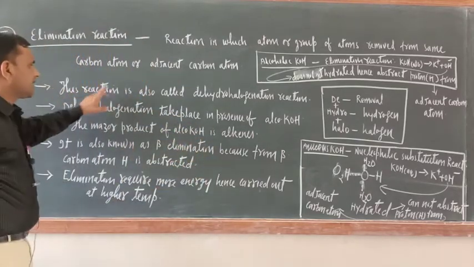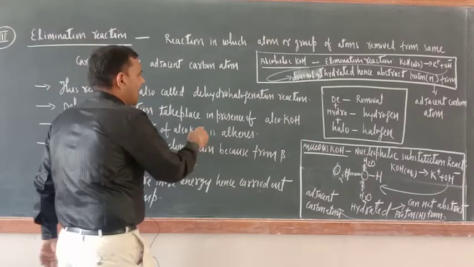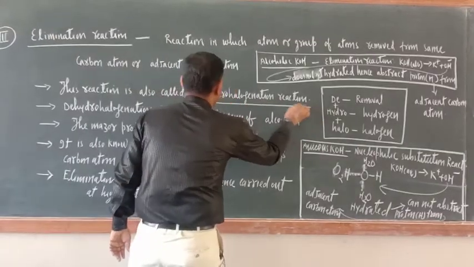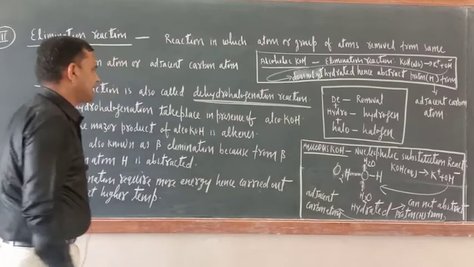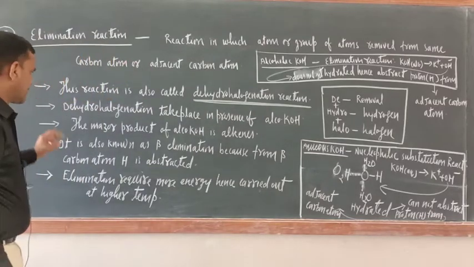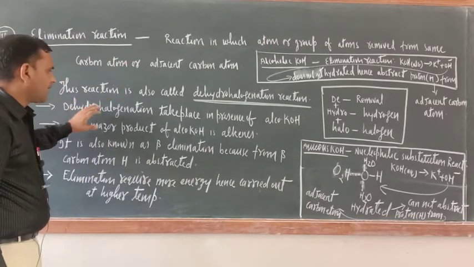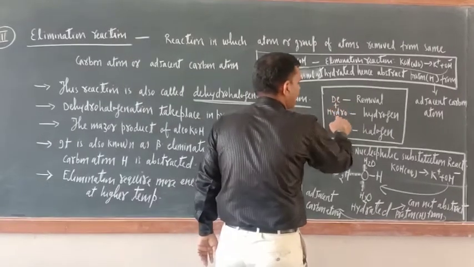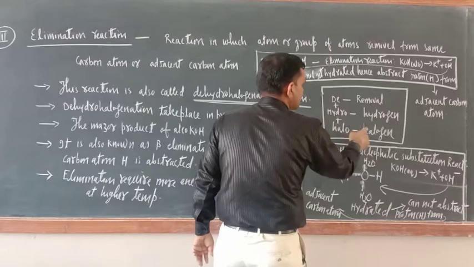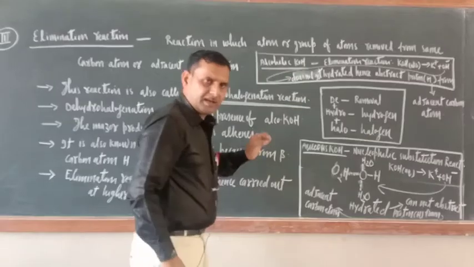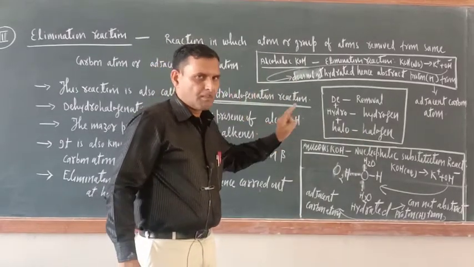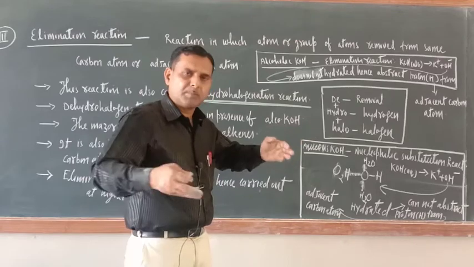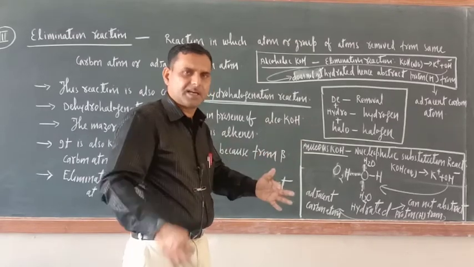This reaction is also called dehydrohalogenation reaction. Try to understand the meaning of dehydrohalogenation. De means removal, hydro means hydrogen, halo means halogen. But remember, the name is dehydrohalogenation, but hydrogen and halogen will not eliminate together.